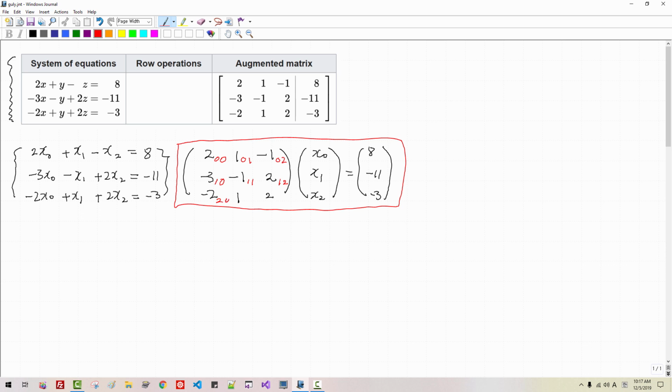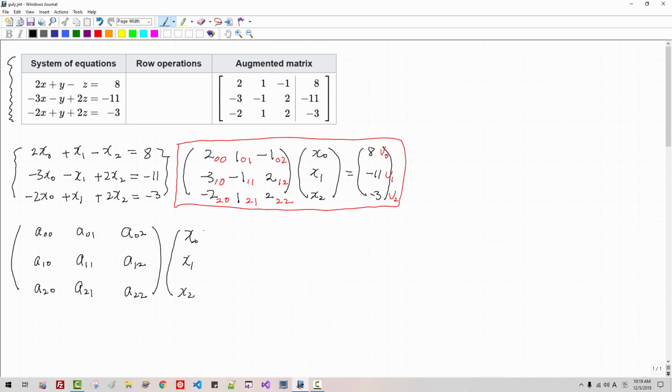This is 2,0; 2,1; 2,2. And this we denote V0, V1, V2. In symbolic notation, we say A00, A01, A02, A10, A11, A12, A20, A21, A22, times X0, X1, X2 equals V0, V1, V2. We denote the matrix in this form.